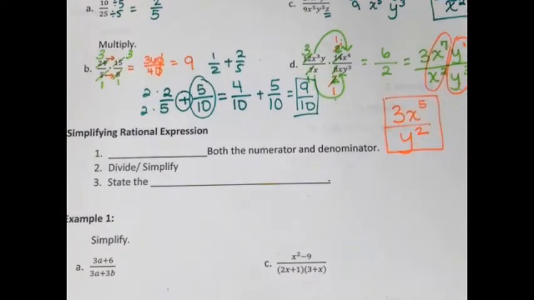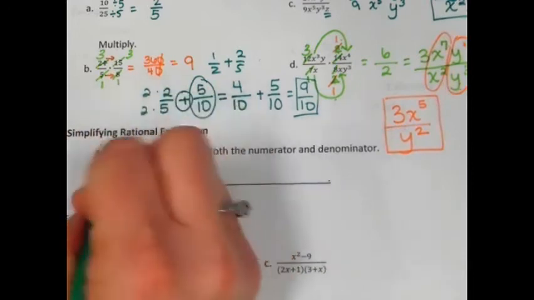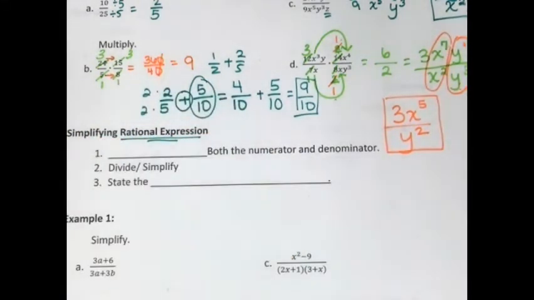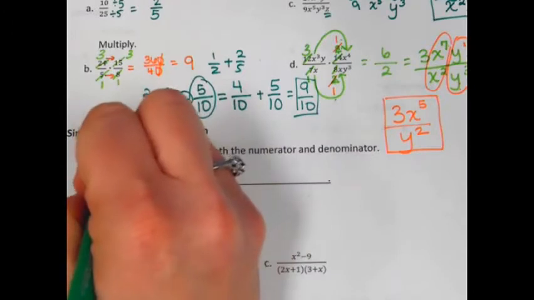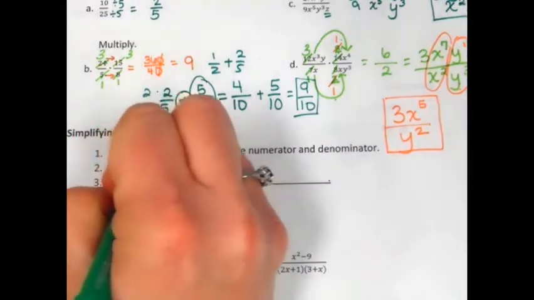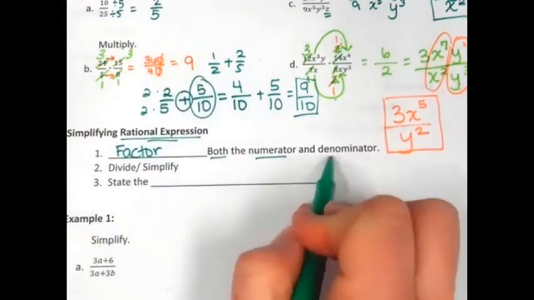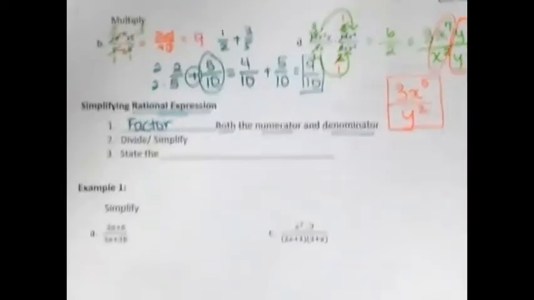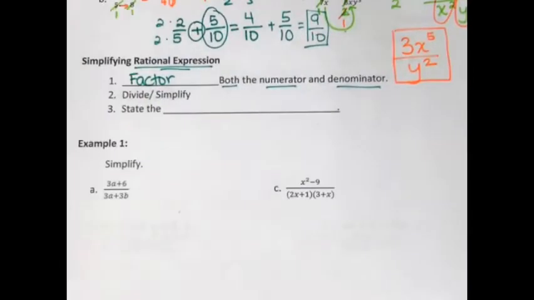Okay. So the first thing we want to do, we're going to look at rational expressions. So we're going to have like x plus 2 on top, or x squared plus 5x plus 10, something like that. The first thing we want to do is factor both the numerator and my denominator. Do we know how to factor? Yes.